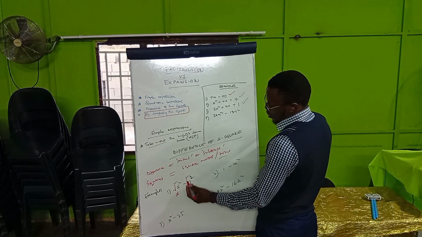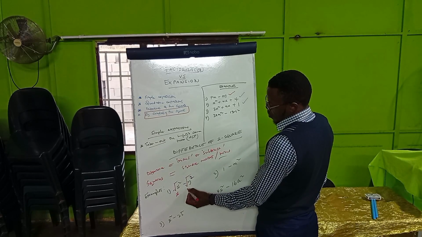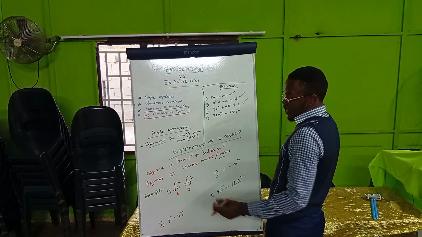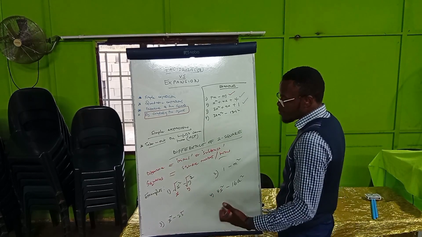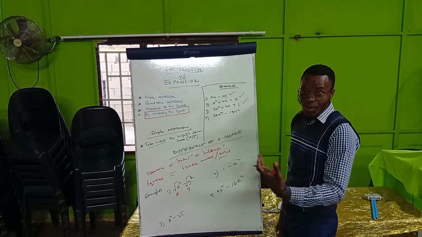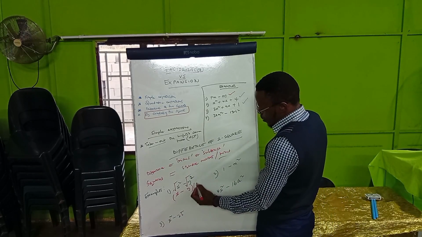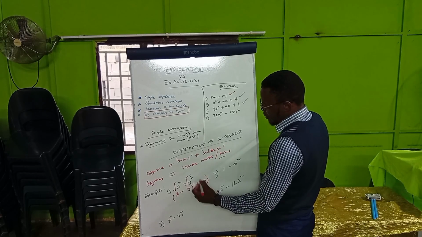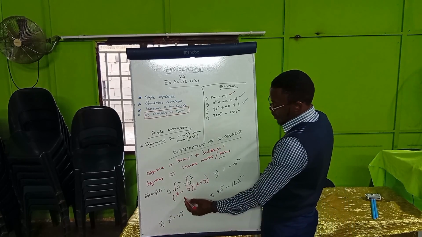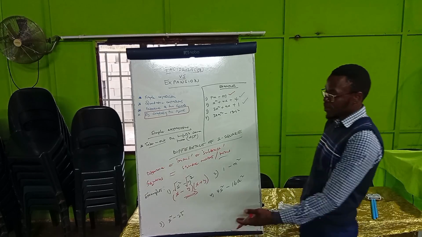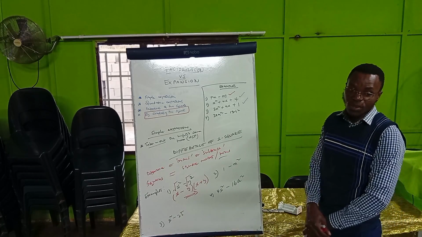X. What's the square root of y squared? Y. So then you write this in terms of a double bracket with opposing signs. So which means that we have x minus y, and x plus y. We will prove this by expanding, so that you can see that when you expand it, it will take you to the initial one.